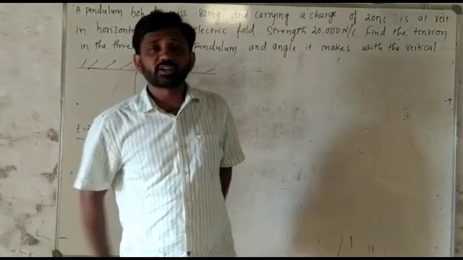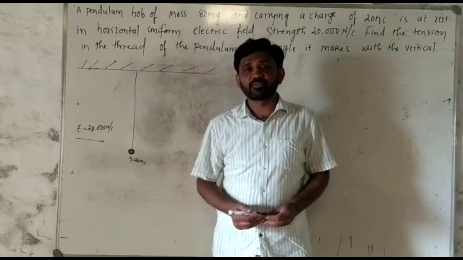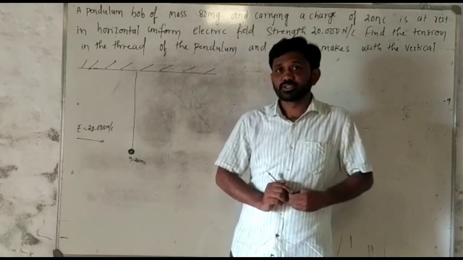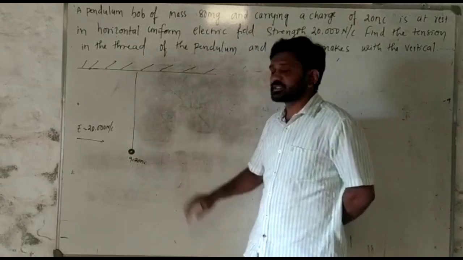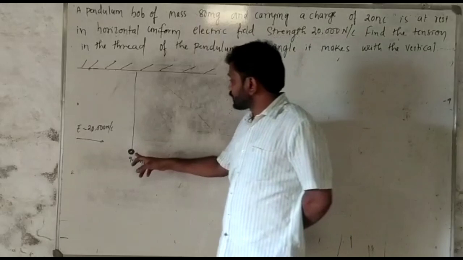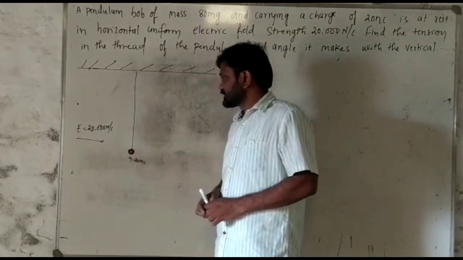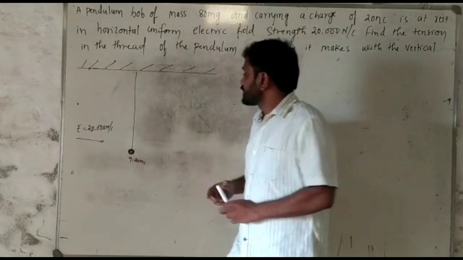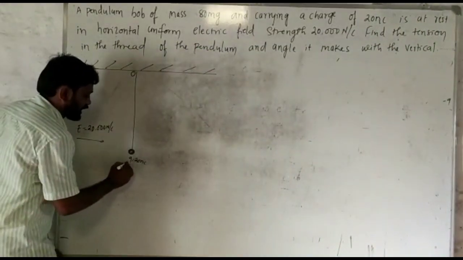Already we know that if a charged particle is placed in an electric field, it experiences a force. Similarly, this pendulum also experiences some force because it carries a charge. When the force acts on this charged pendulum, it starts to displace from the mean position OA.